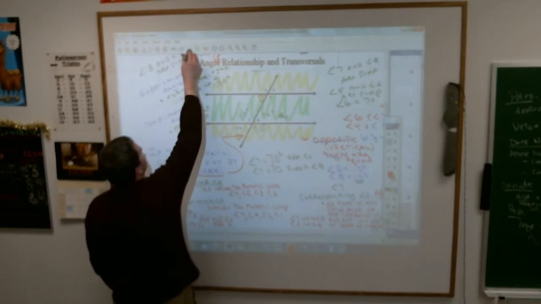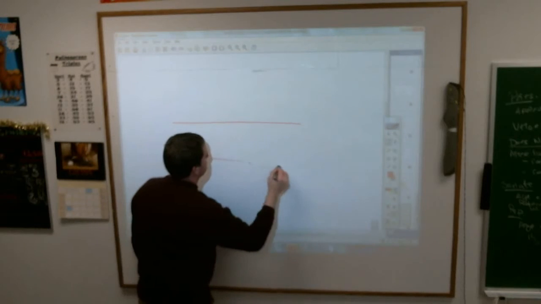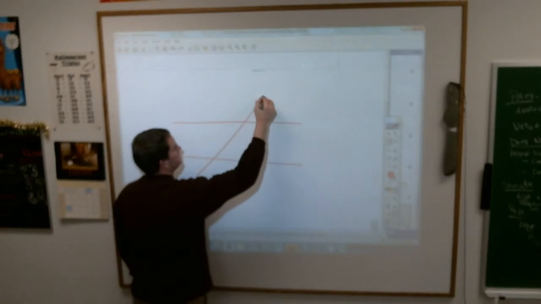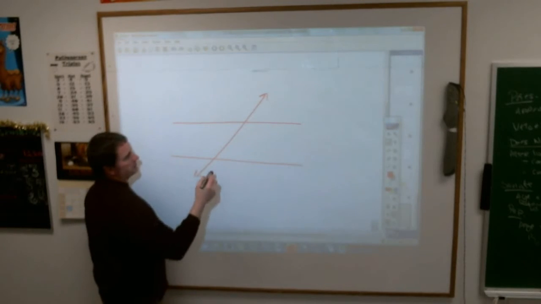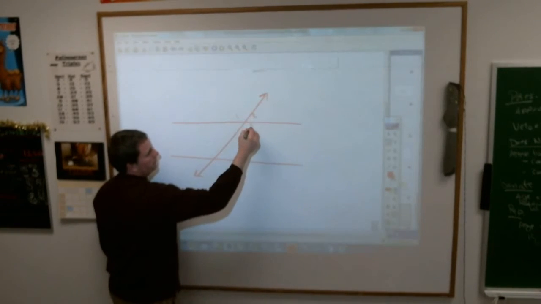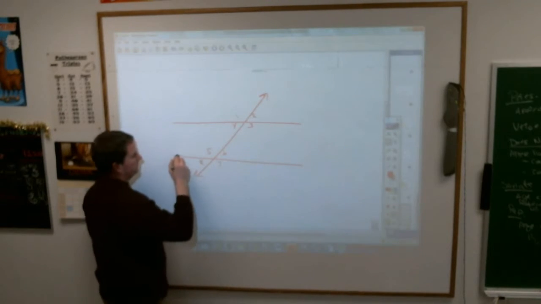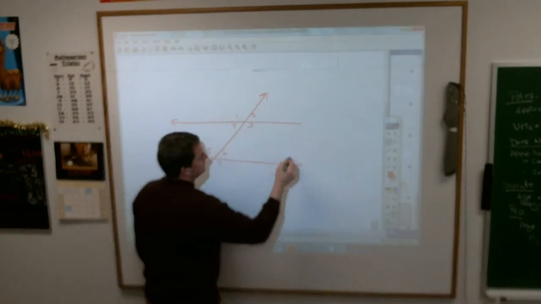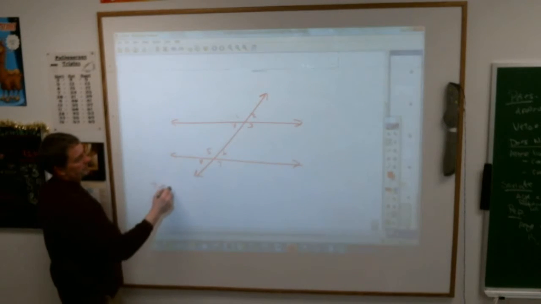So, I'm going to throw this down here. Let me do a couple more. Let me just label this however I want. 1, 2, 3, 4, 5, 6, 7, 8. And again, I have to be told that two parallel lines are cut by a transversal.